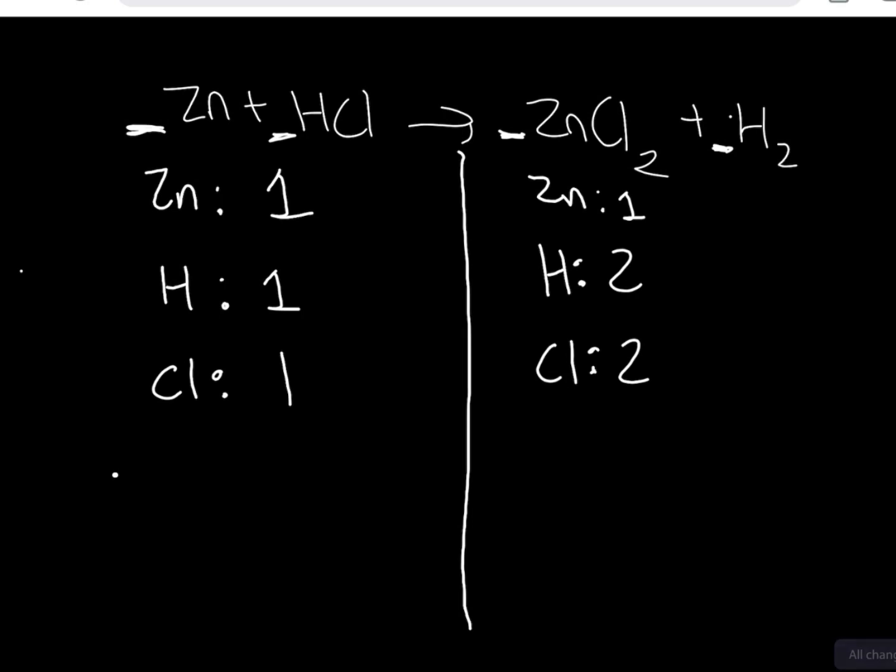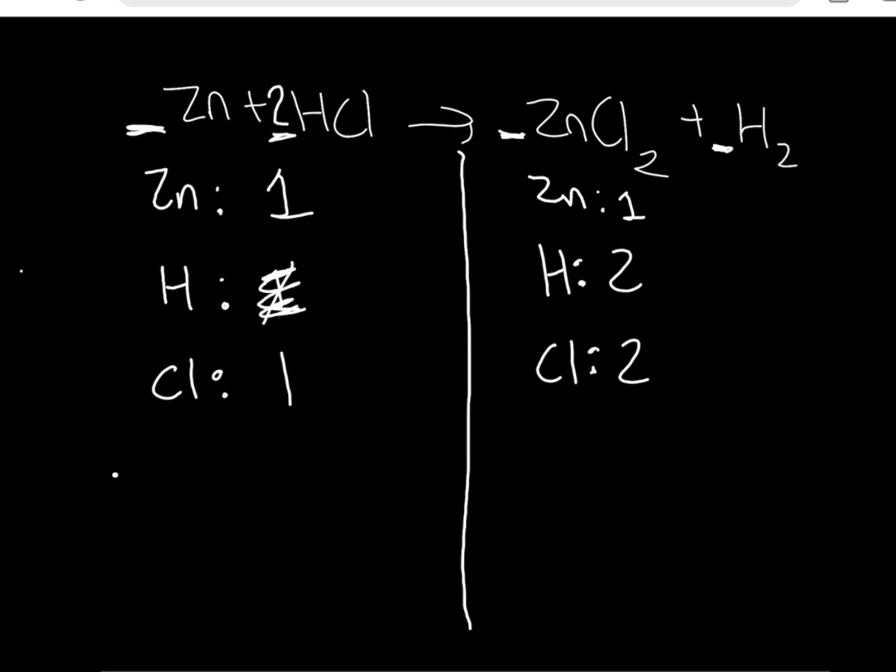Now, how can we balance this? Let's try to balance the hydrogens first. Right now, we have 1 hydrogen, and the other side has 2 hydrogens. So we're going to put a 2 here. 2 times 1, you can think about this as a subscript of 1. That's just going to be 2.